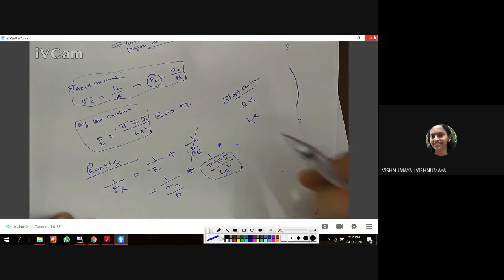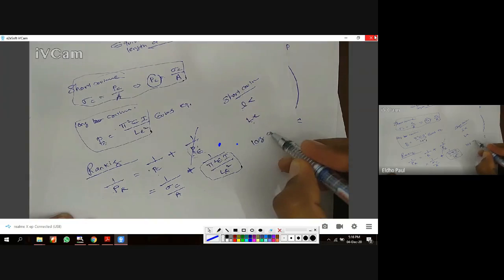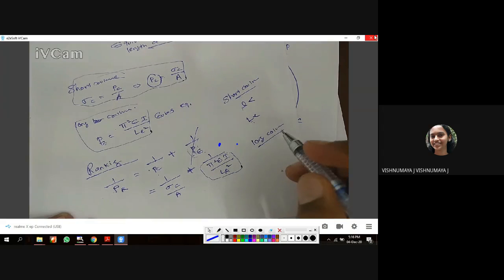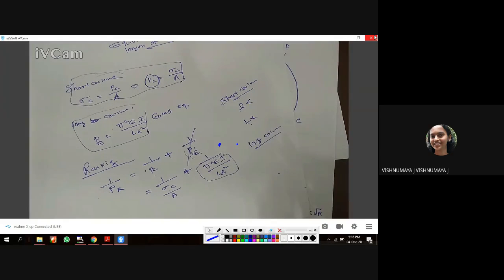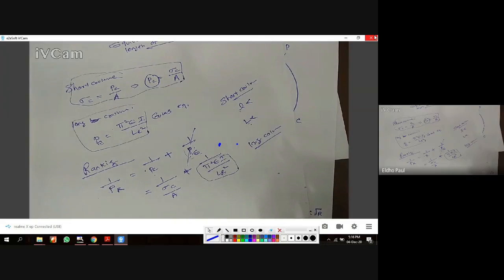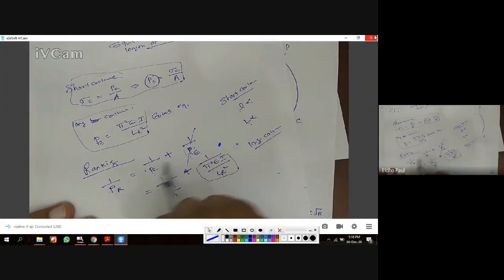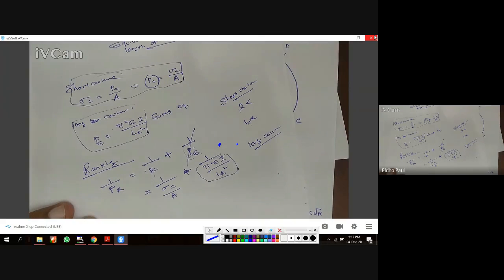And for a long column, PE. This formula can be used for both the short and long column.